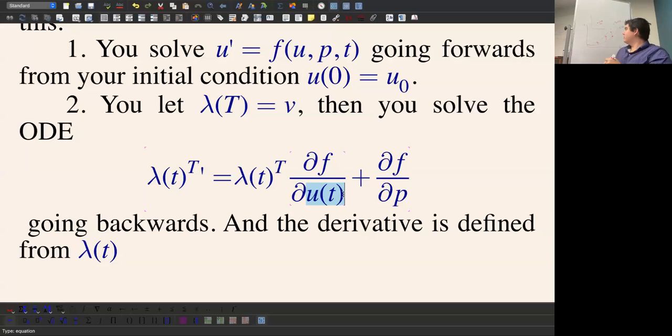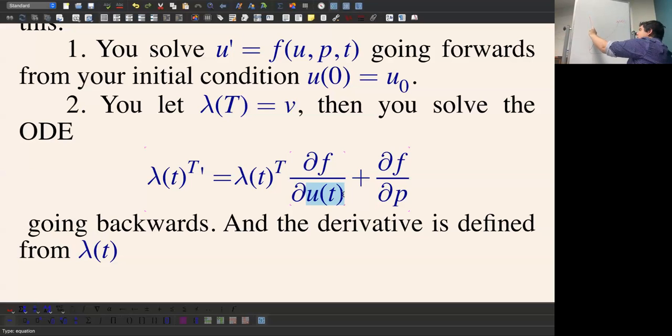So what you do then is solve this ODE going forwards, u of t. Then you take this lambda of capital T as your final condition, and you solve it backwards.